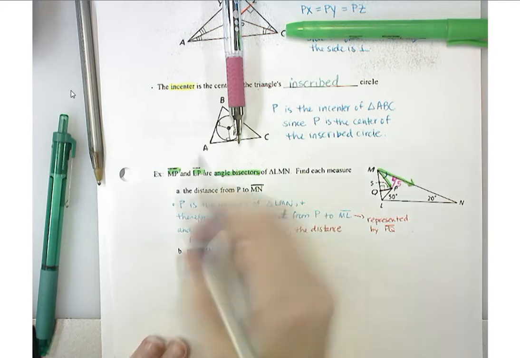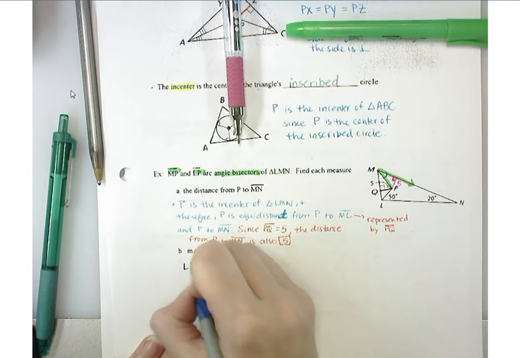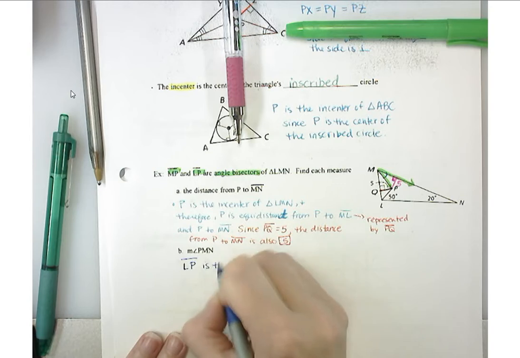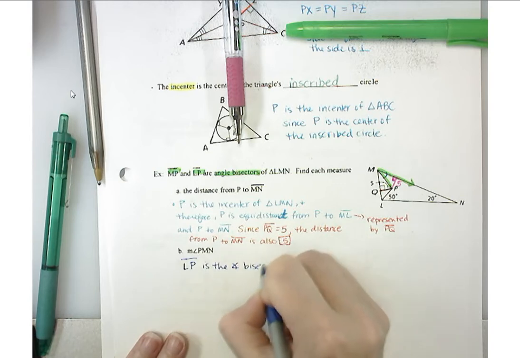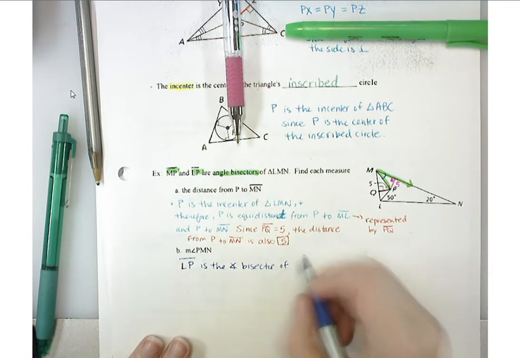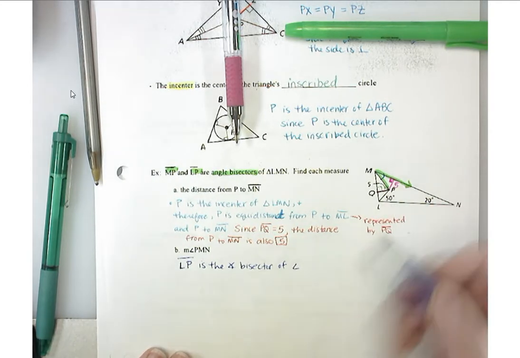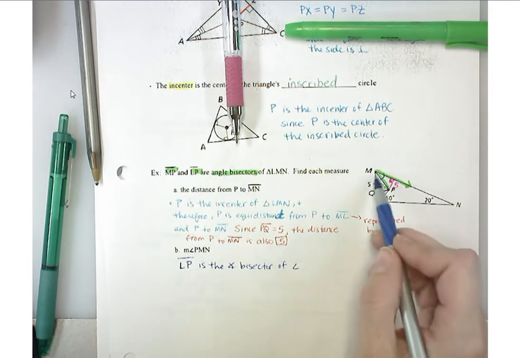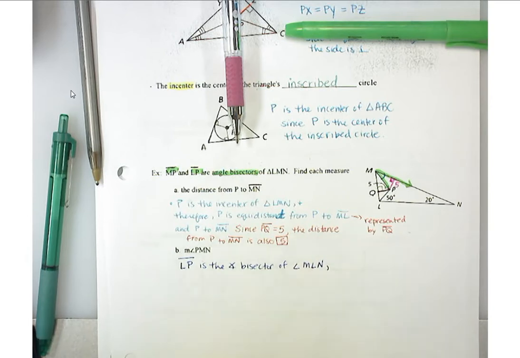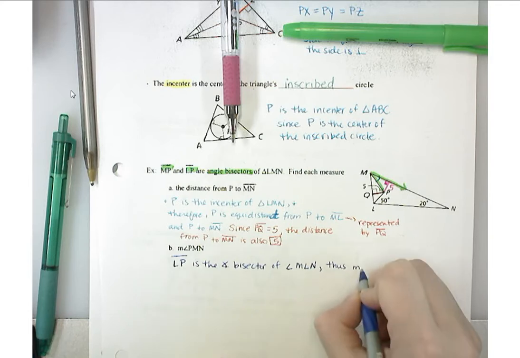We were told above that LP is the angle bisector. And if I look at LP, I can see that it's bisecting angle MLN. So let's go ahead and find that measure.